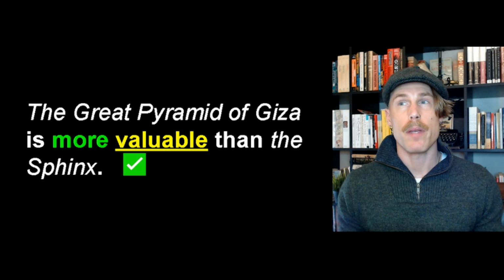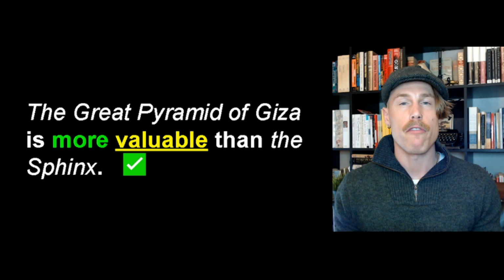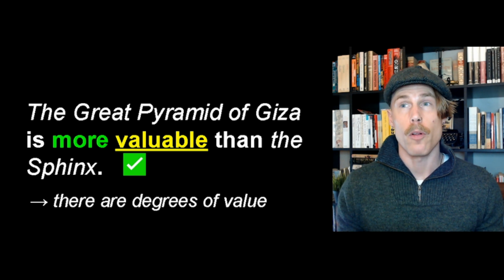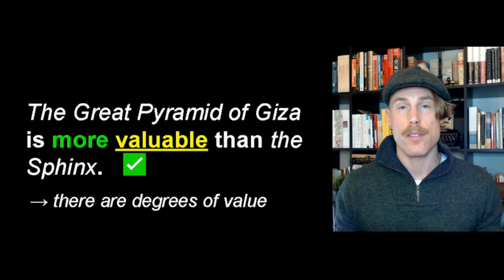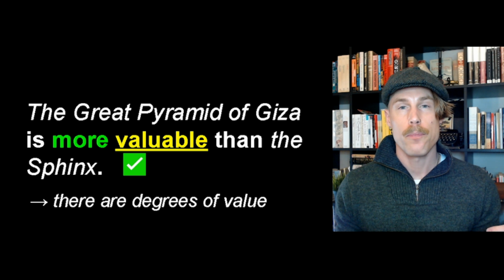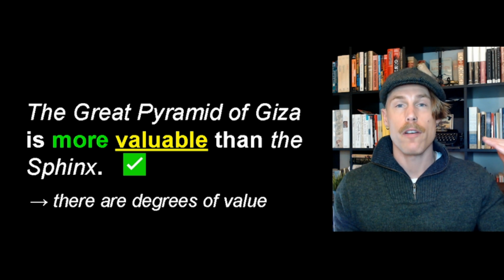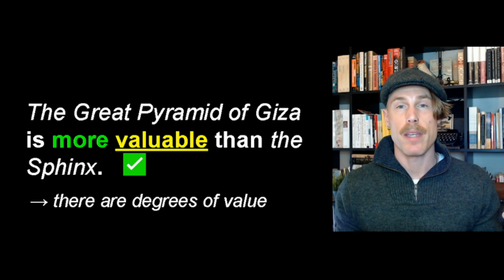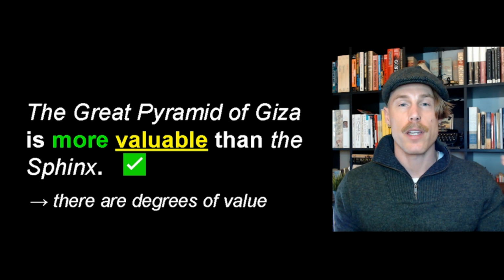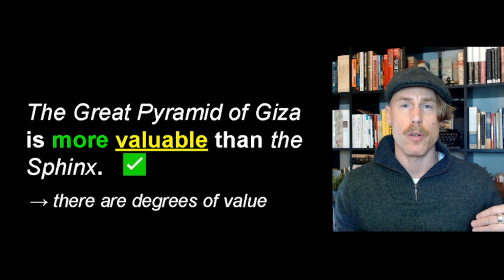The Great Pyramid of Giza is more valuable than the Sphinx. Valuable has degrees. Something can be less valuable. Something can be more valuable. Something can be very valuable, extremely valuable. Something can be not so valuable, right?